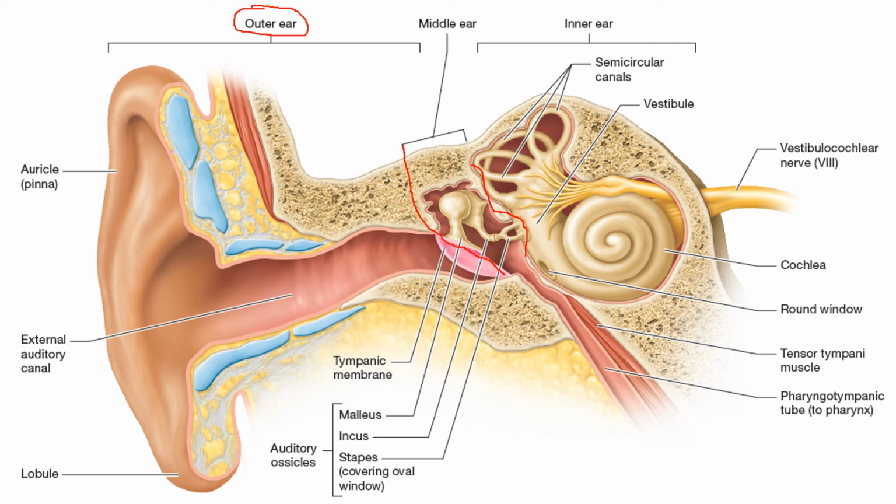So it's basically these auditory ossicles, these bones in your ear, that are the most important things in that middle ear area for you to know. And then the inner ear has the cochlea and the semicircular canals, and we'll talk about those as we move through.